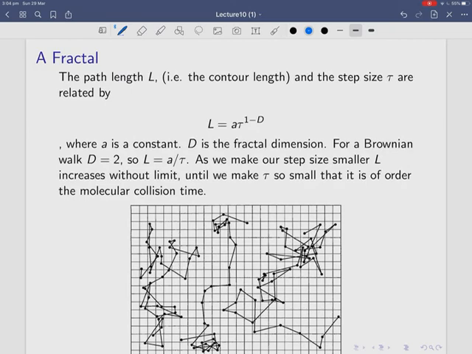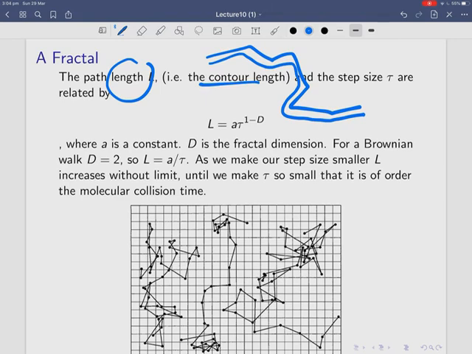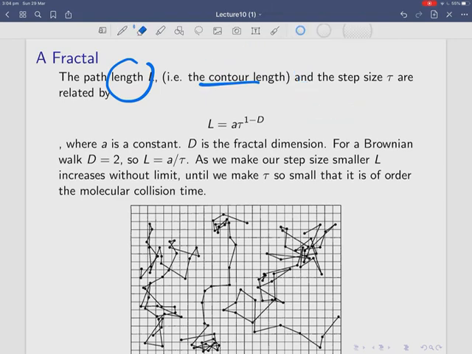So you can measure the path length, i.e. the contour length, which is this sort of thing. The contour length is that length all the way along there. And you can measure that using different step sizes.